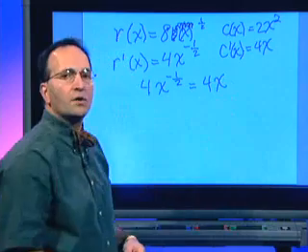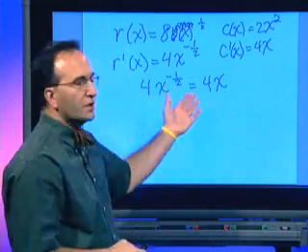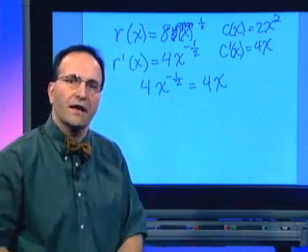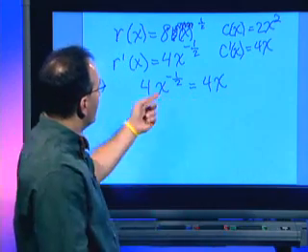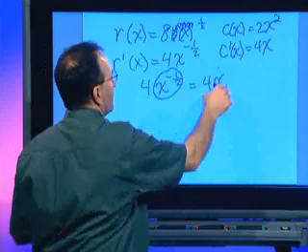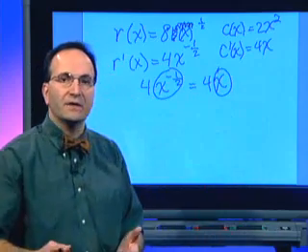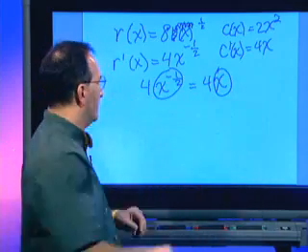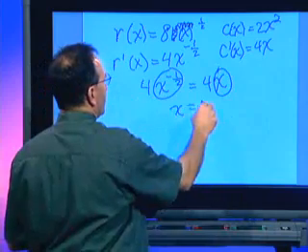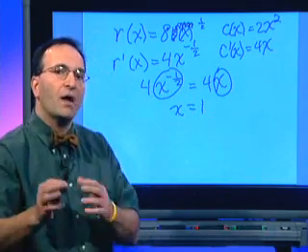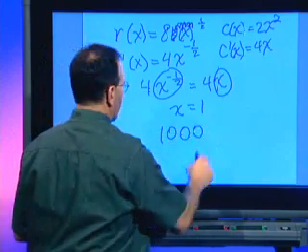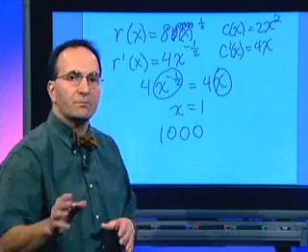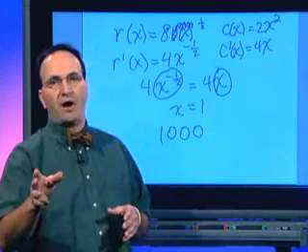And what you should notice in here, although we certainly could go through some steps to solve it, is that x has to be equal to 1. That's the only way that we can have a power of negative 1/2 equaling an understood power of 1. So x equals 1. And so what that means is 1,000 units is the amount that should be produced to maximize the profits.